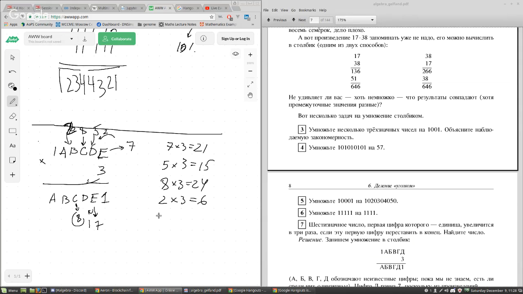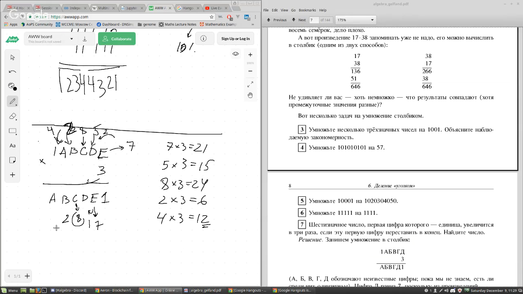Well, how about 4? 4 times 3 is 12, right? There's my unit digit, 2. So if A were 4, 4 times 3 would give me 12. That would be 2, and I'd have 1 carried over.